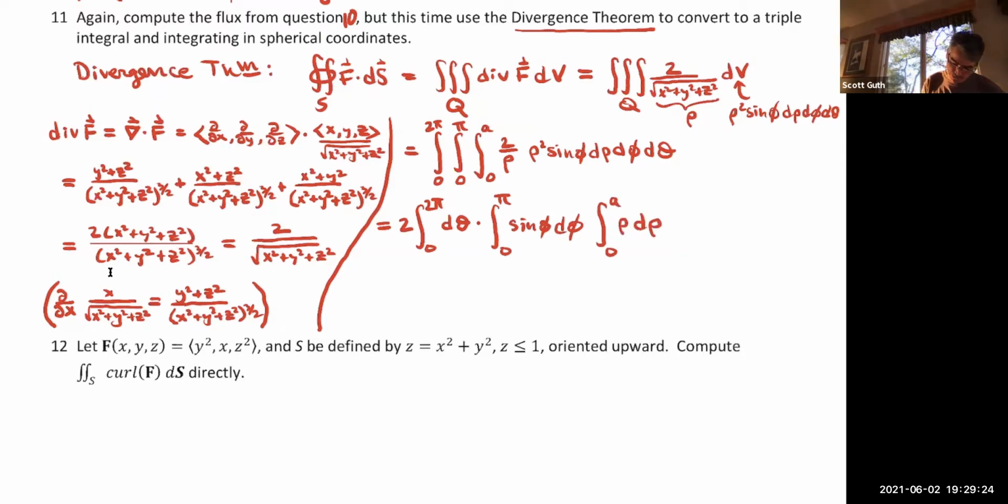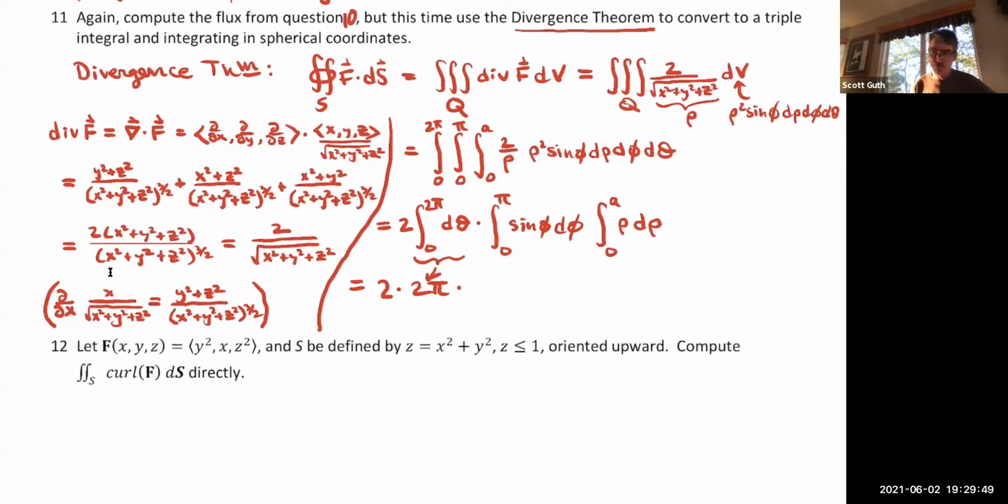Okay, and most of this is really straightforward. So the 2 is there. The first integral comes out to be 2 pi. The next integral, you get the antiderivative, negative cosine phi from pi to 0.